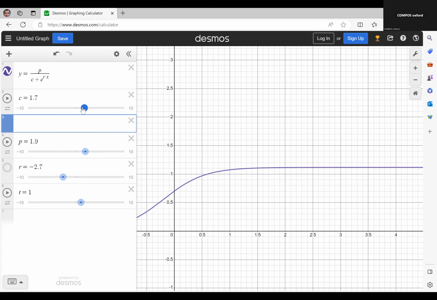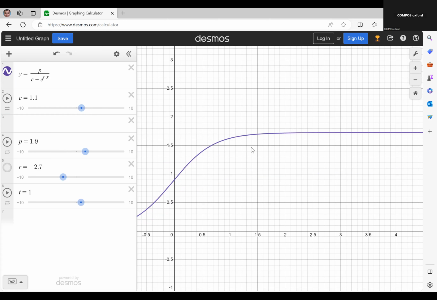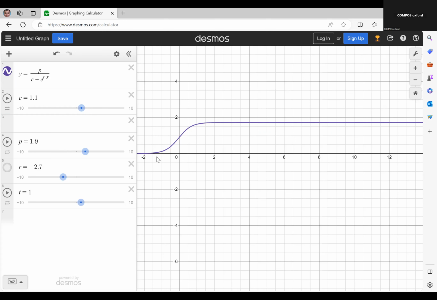You can see that it's this characteristic function that is sort of exponential growth to begin with, and then tails towards a limit, and that limit is this equilibrium population. So that's a slightly more sophisticated population model.